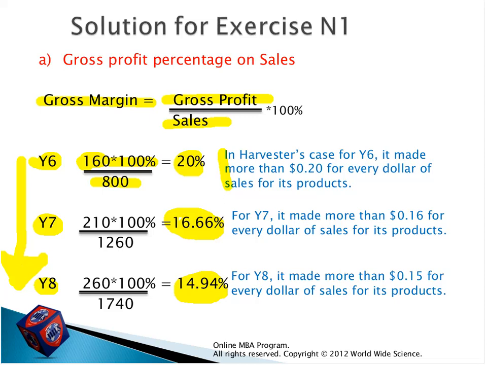As future financial managers, you have to find the answer to this question. Why has our actual profit been decreasing? What kind of expenses, or what is actually affecting our profits?